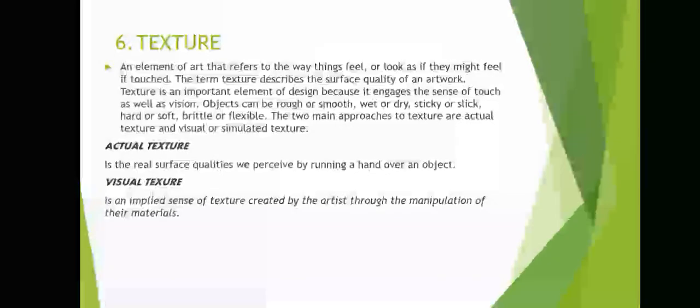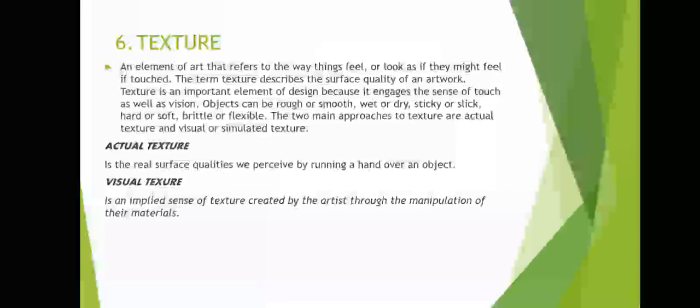Textures. This element refers to the way things feel, or look as if they might feel, to the touch. When we touch something in our surroundings or even our own body, we feel something rough that produces some friction.